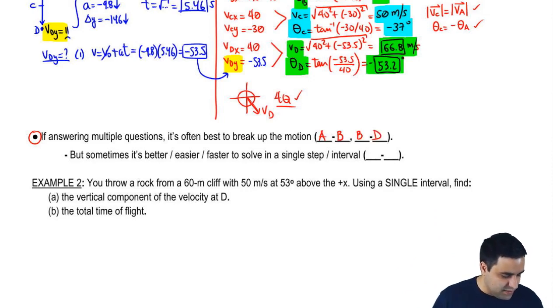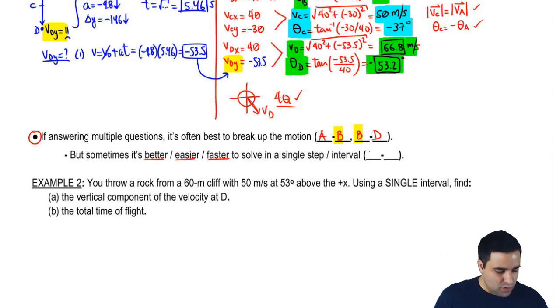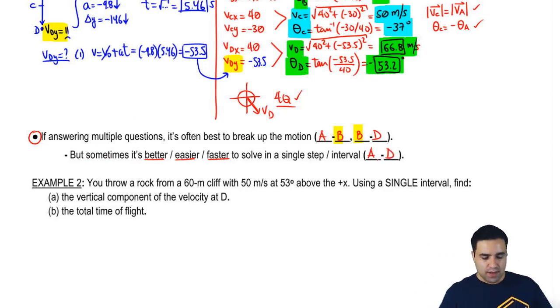And once again, notice how B ends up being part of both, and that's good. Usually that's what you want to do. You have to break it up because you have to find parts of it anyway. But if I'm only asking you for one thing, or in some other situations, sometimes it is better or easier or faster, whatever the situation, to actually just solve this in a single step, going from A to D.